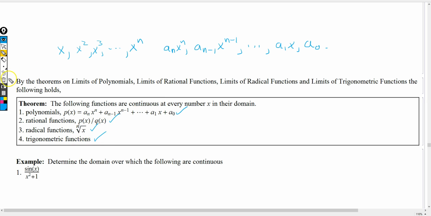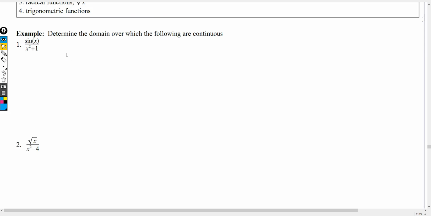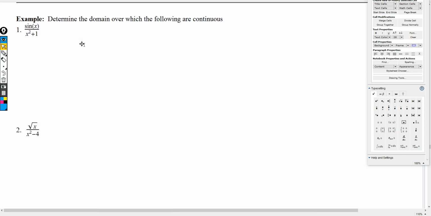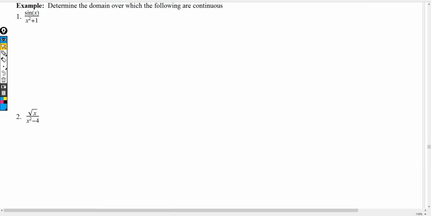Now let's take a look at this example. So we want to determine the domain over which the following functions are continuous. So first of all, let's take a look at sine x over x squared plus 1. Well, notice that this is the product of two functions.